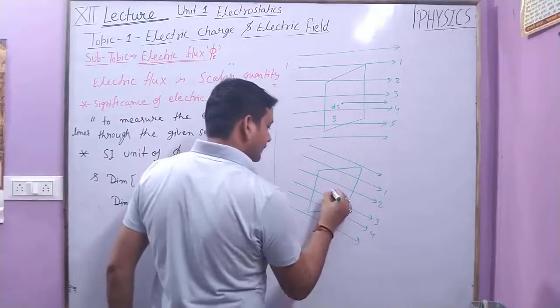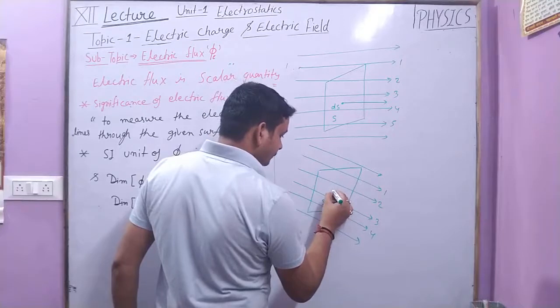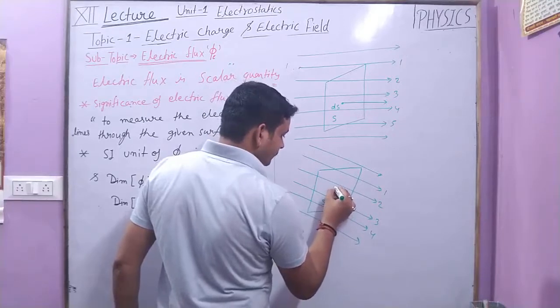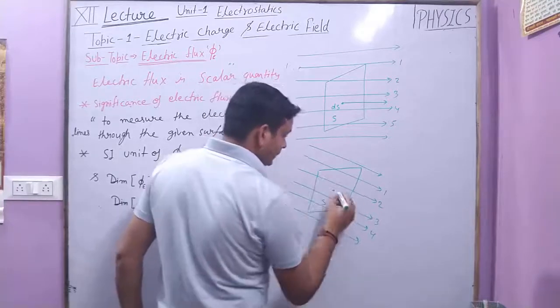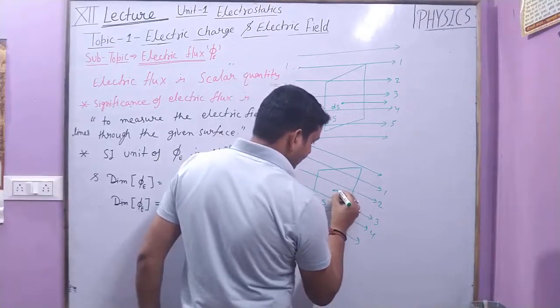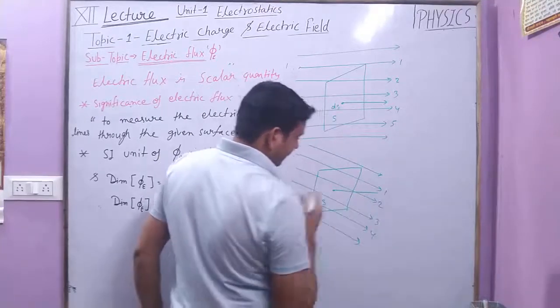This is surface and this is area vector.